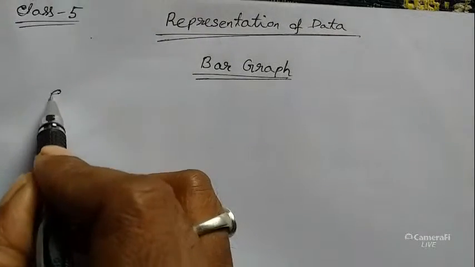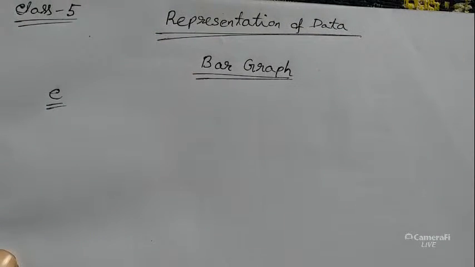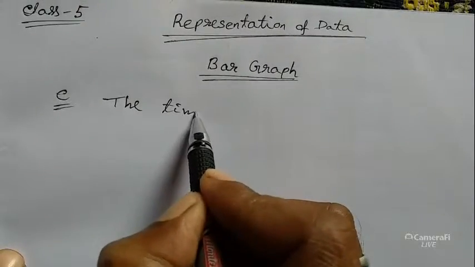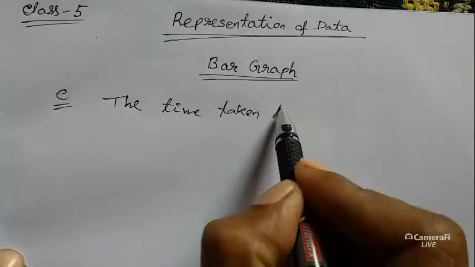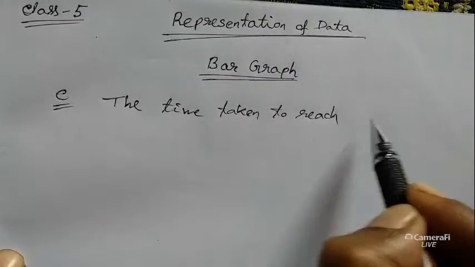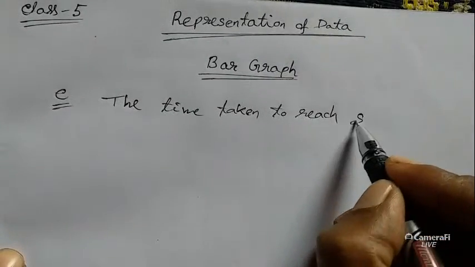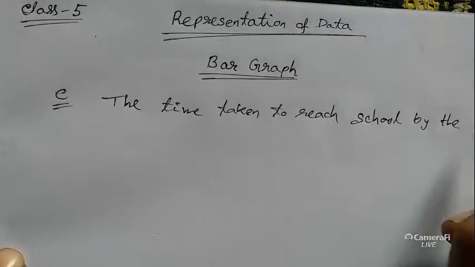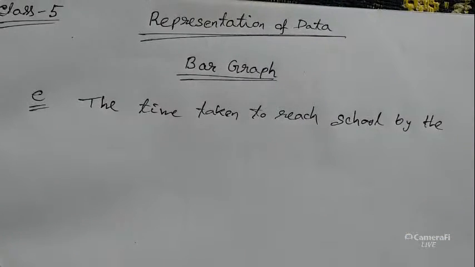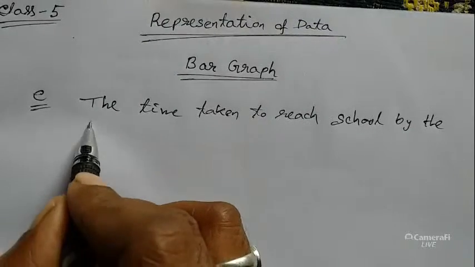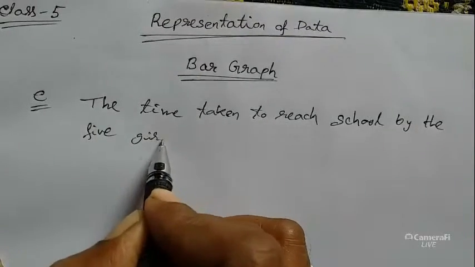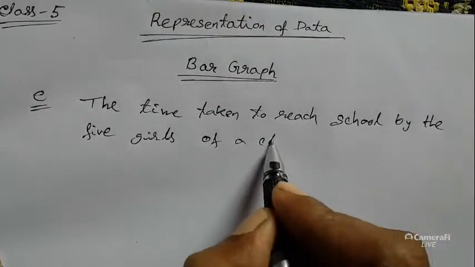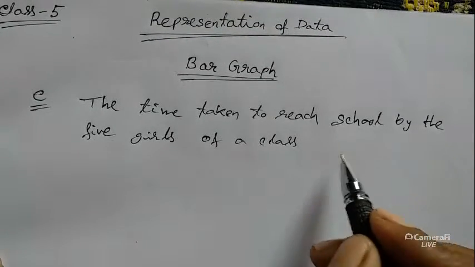Question number C. The time taken to reach school by 5 girls of a class are given below.